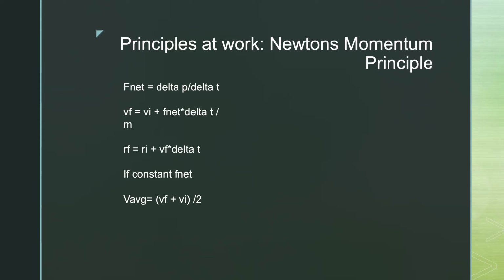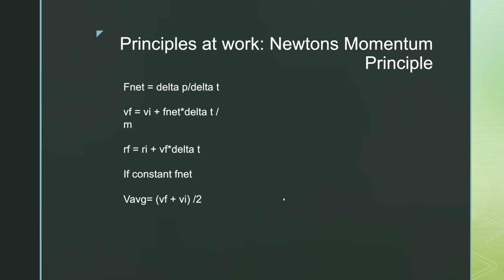And then if we plug in this newfound velocity into the position equation, final position equals initial position plus final velocity times delta T, we can actually predict the final position of an object, keyword being that if the force is almost constant.